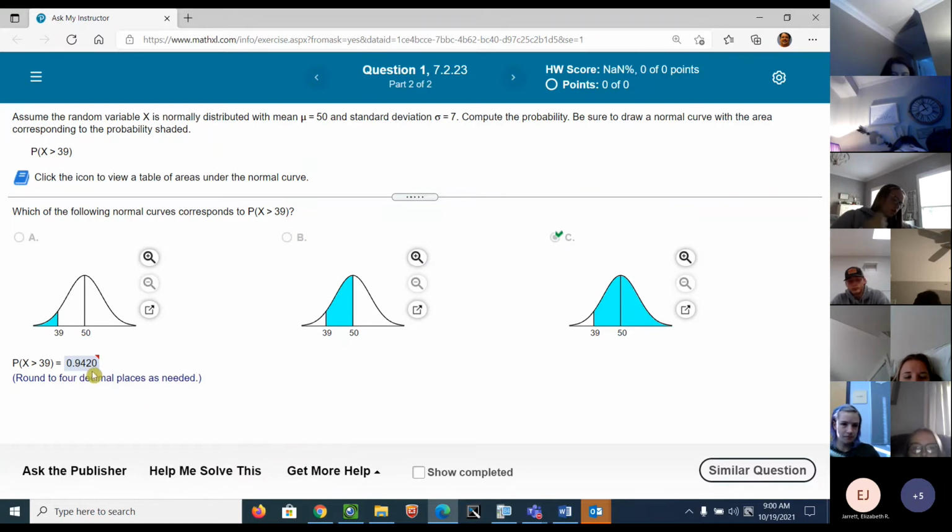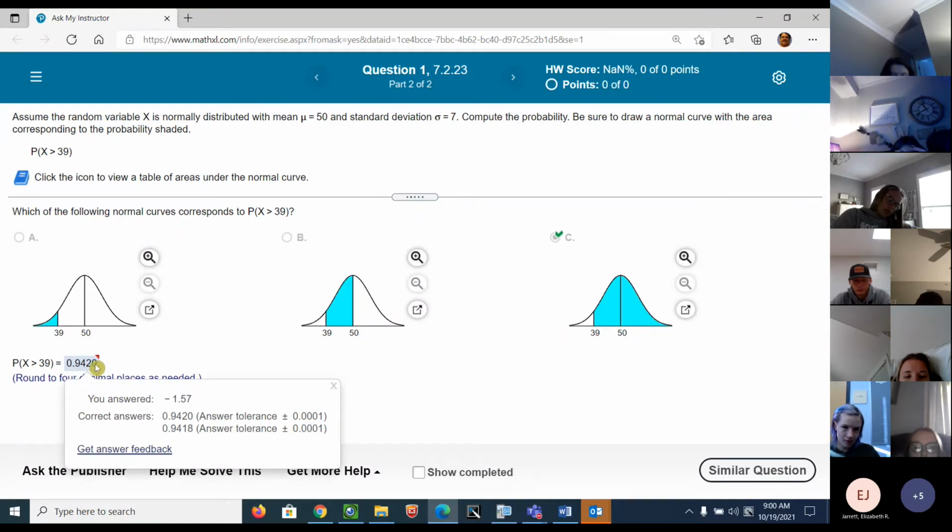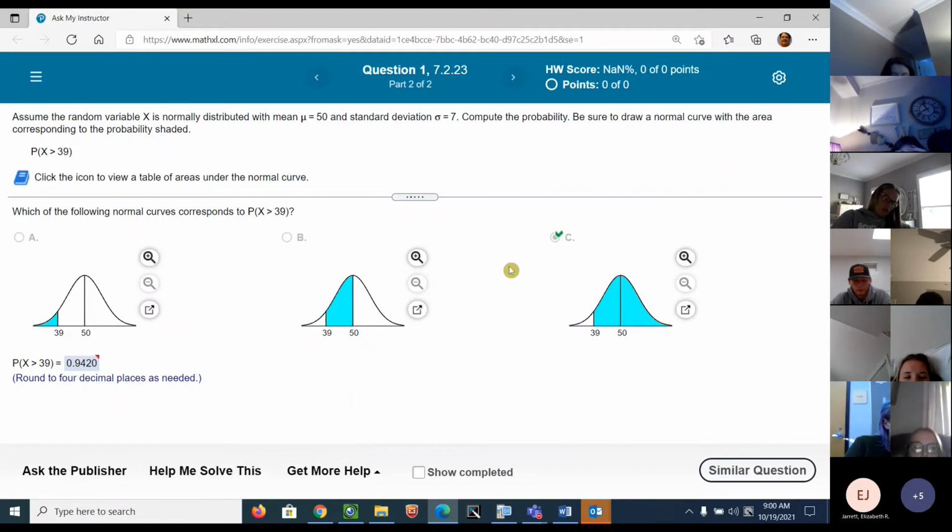But there it is, 0.9418. That's the type of test question you're going to see on the test. Not too long, kind of short and sweet.